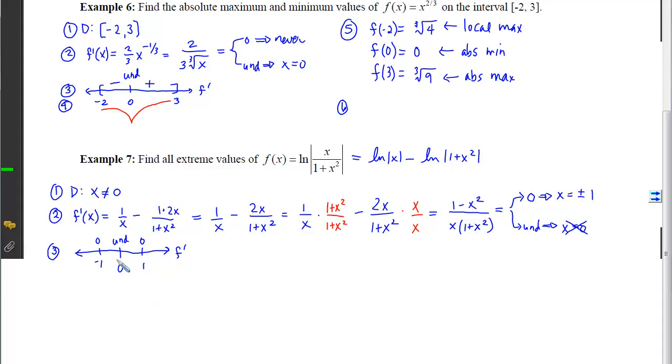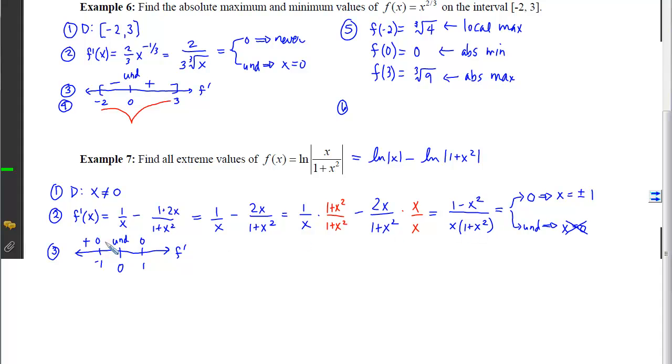So now I have to test in between each of these and determine the sign of the derivative. So when I'm smaller than negative 1, say at negative 2, the top will be negative and the bottom will be negative, so the whole thing will be positive. In between negative 1 and 0, say at negative 1/2, this will be positive, this will be negative, and this will still be positive.